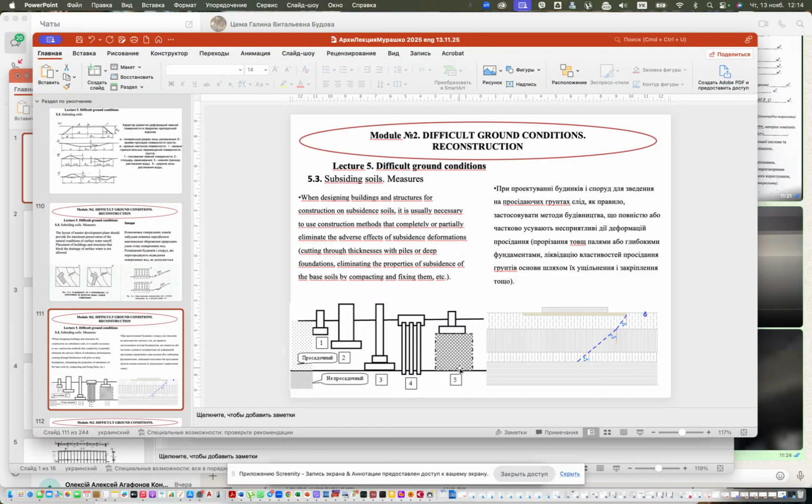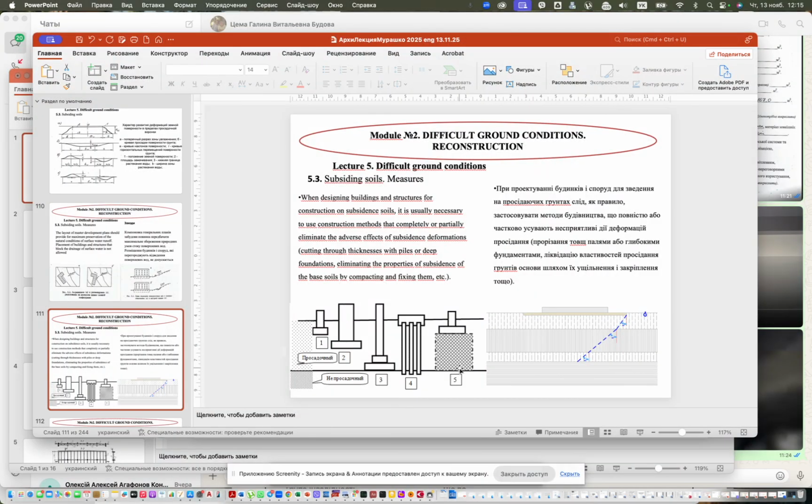Why is that so? Because subsiding soil has empty pores, and when those pores are filled with water, it impacts the soil's properties and leads to subsidence.